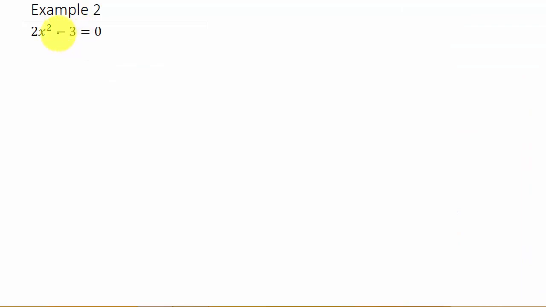Now here it's not in that form, x squared equals k. So what we need to do is isolate this squared term here. So I'm going to add 3 to both sides, and that would give me 2x squared equals 3.